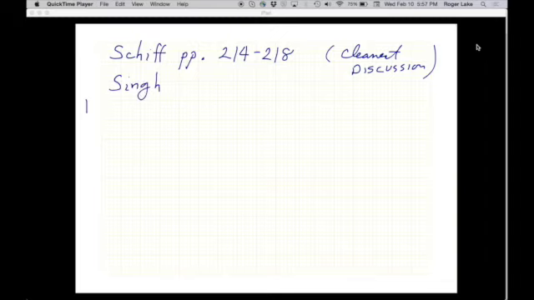But in Singh, you'll also find a discussion of this, pages 140 through 144, and also in Appendix D. Those are the two places where, if you want to look more at this, and again, Singh goes through this discussion of spin-orbit coupling.